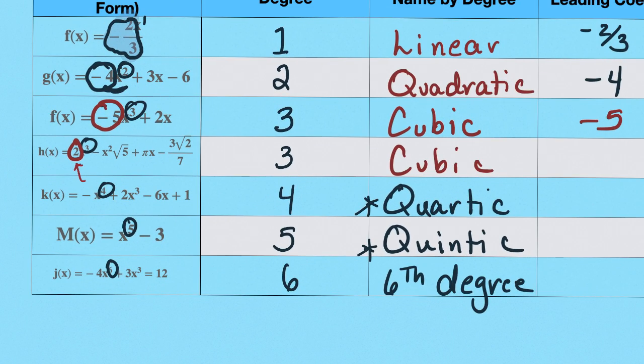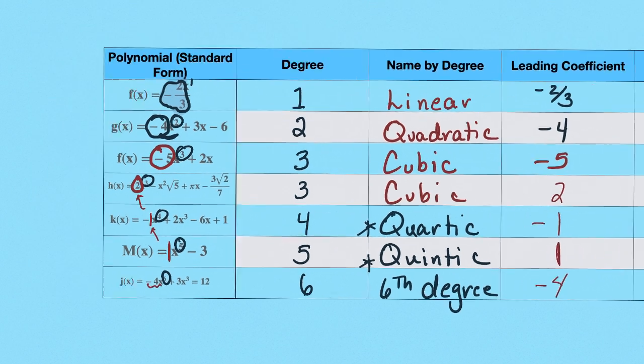Lead coefficient right there is a 2. Lead coefficient right here, they don't show it. They just have a negative x to the 4th, but that's a negative 1. Here, x to the 5th, that's a 1x to the 5th. Can't be 0x to the 5th because 0 would just get rid of the x to the 5th. Here we got 1 for our lead coefficient, and here we got a negative 4. Notice we're taking that sign with it.